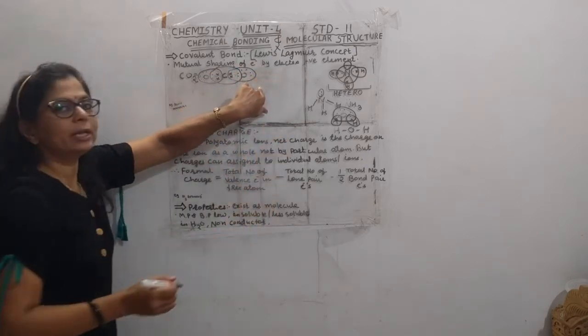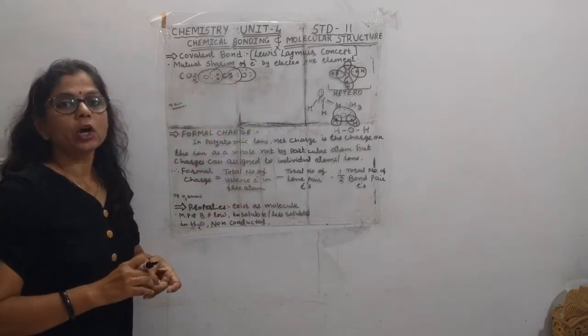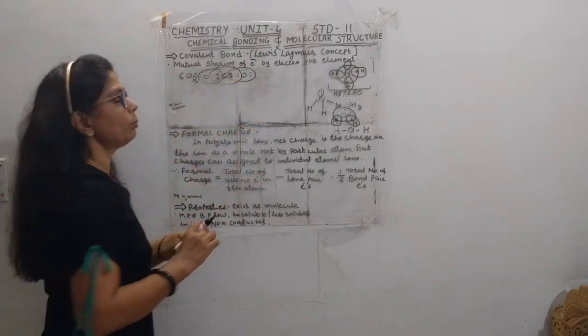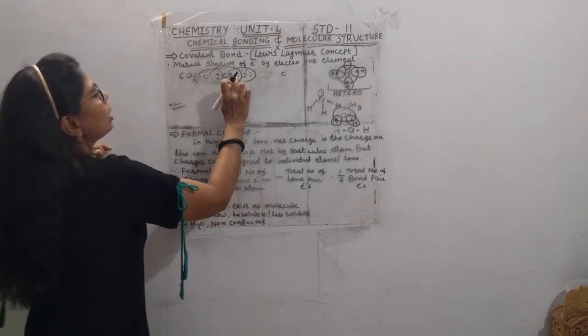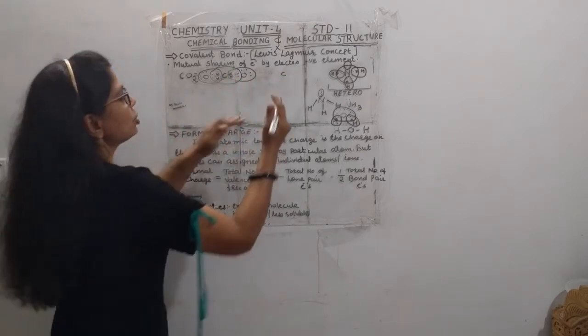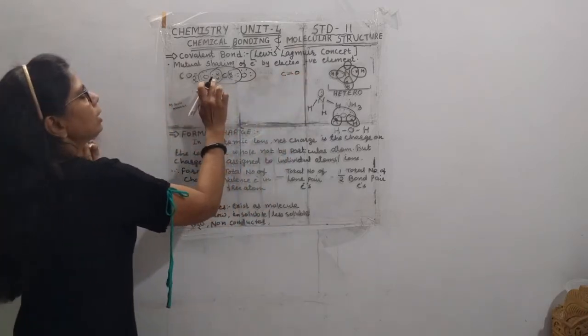So how will you write this CO2 in a double bond or single bond formation method? So here you can see this carbon and oxygen 2 electron are shared. So C double bond O. Same way here also.